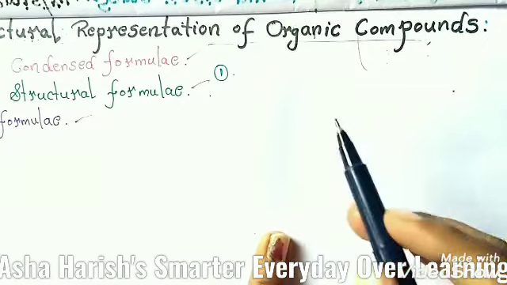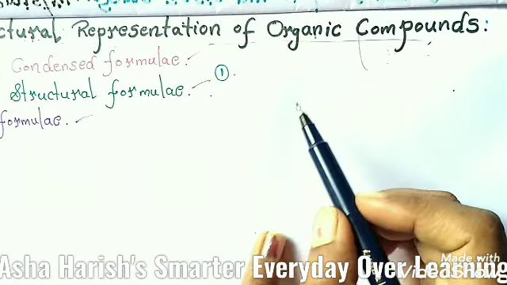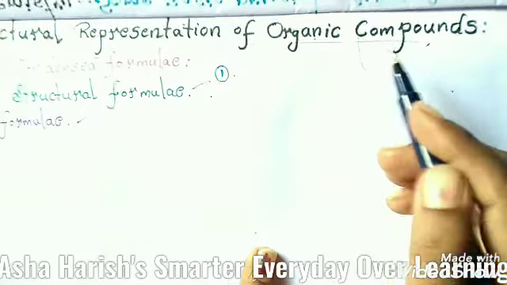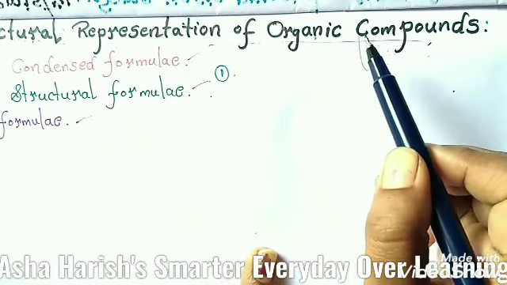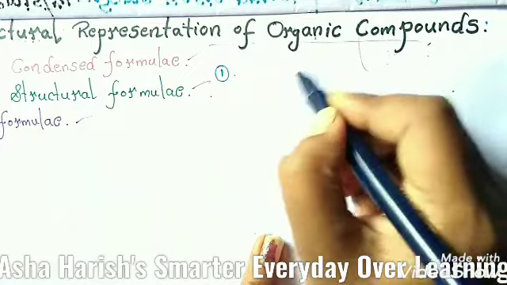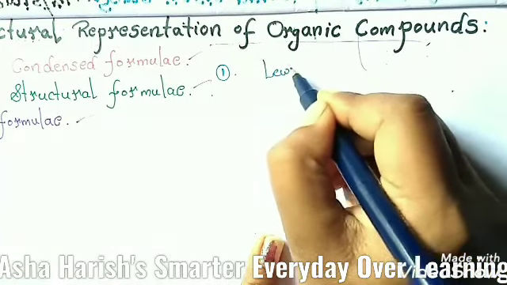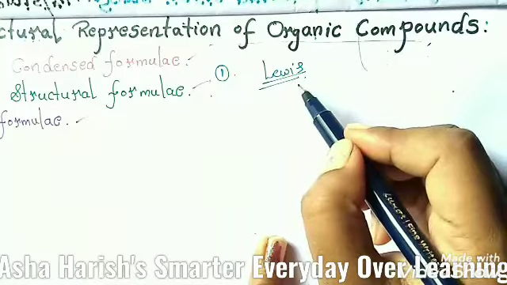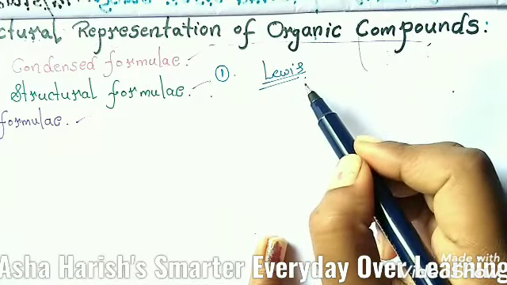In the first category, complete and condensed formulae, the structures of organic compounds can be represented in several different ways. The most important of these is the Lewis structures. But writing these structures is quite time consuming.